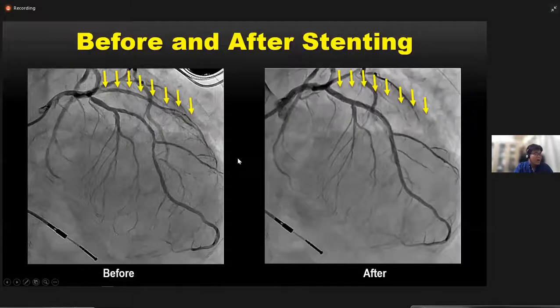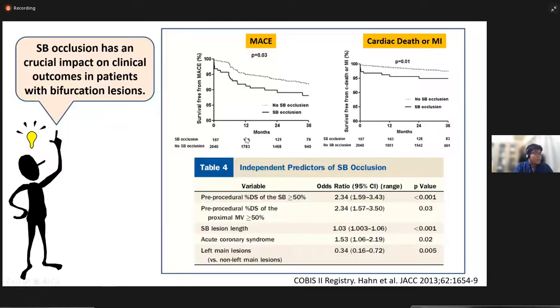This is an angiogram before and after stenting. The left side is before and the right side after. As you can see here, the big diagonal branch completely disappeared, occluded. Side branch occlusion has a crucial impact on clinical outcome in patients with bifurcation lesion.